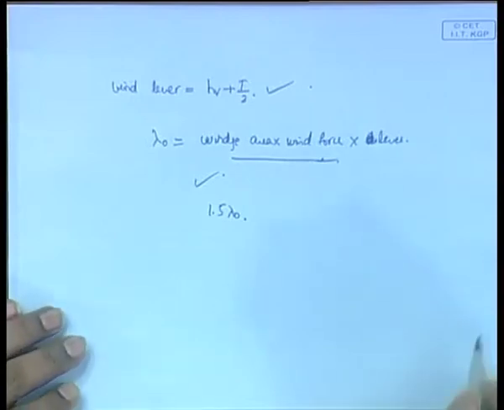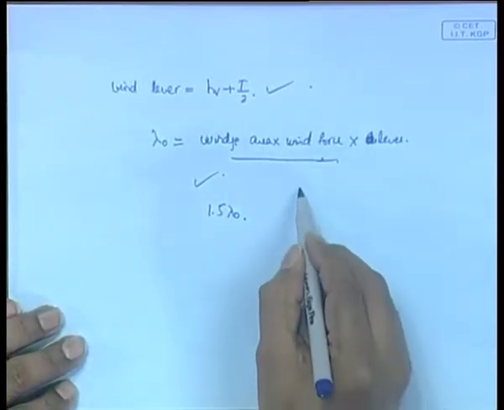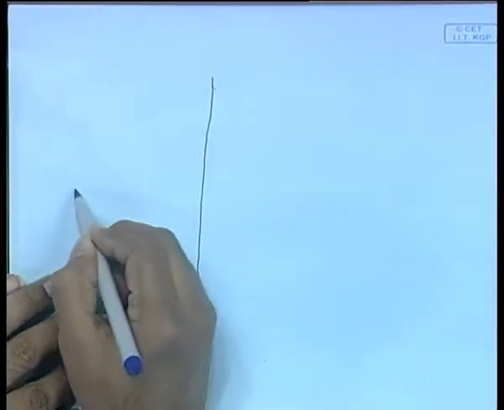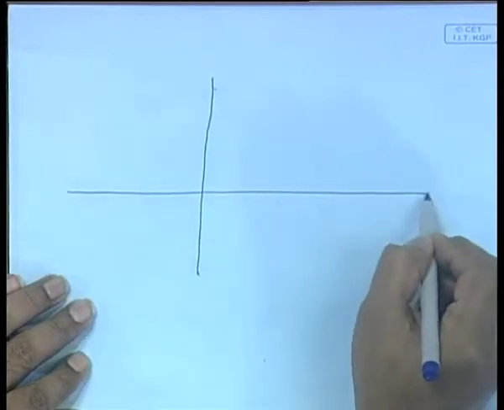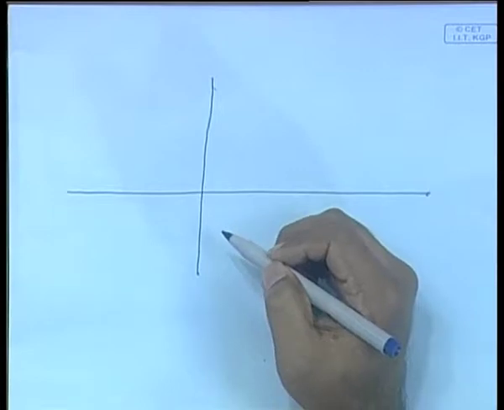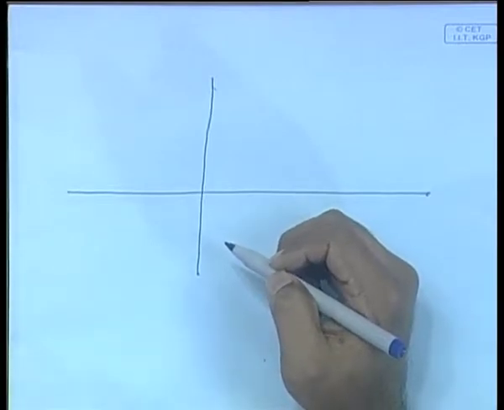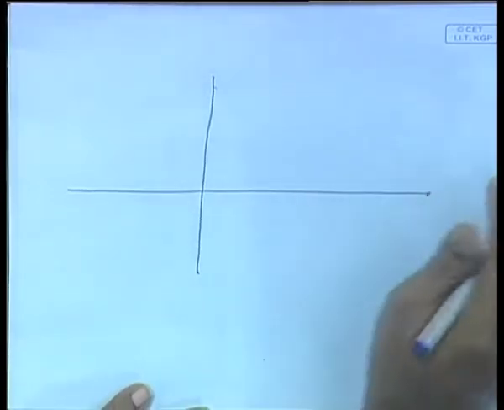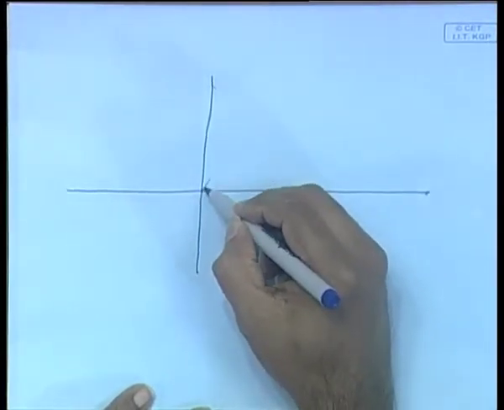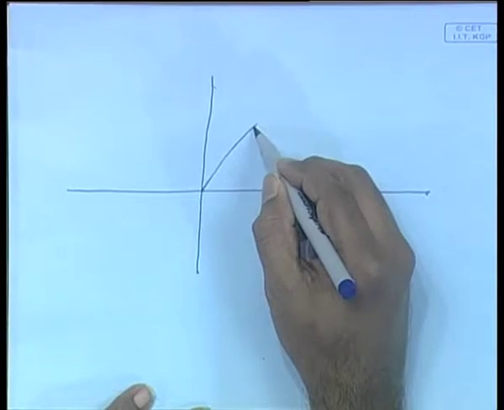Then I will draw this. In this problem, I think the only way to do this is by the graphical method, that is you have to have the graph and you have to draw the figure. So, you draw the GZ curve first.